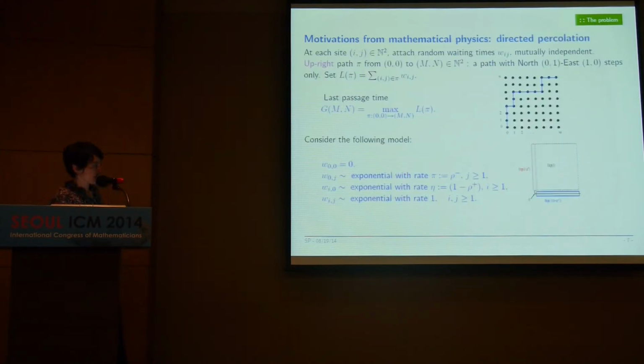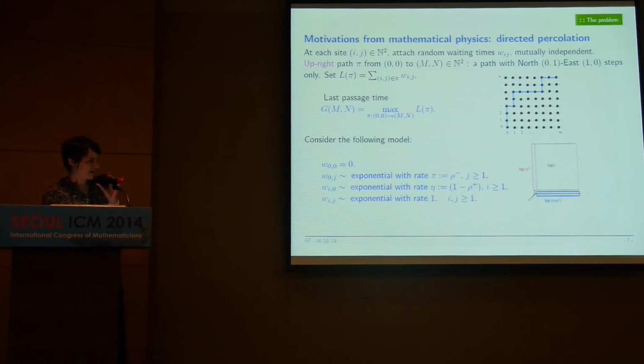The last kind of motivations I want to discuss is from mathematical physics. So I will give a connection with directed polymer models. We consider the lattice N squared, and at each site we attach random waiting times. All the waiting times are independent random variables.